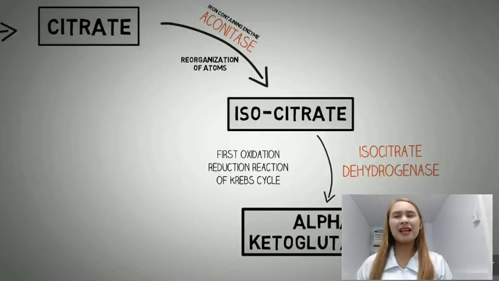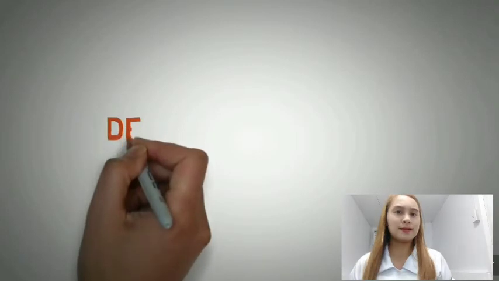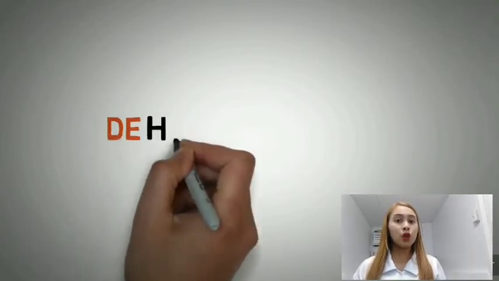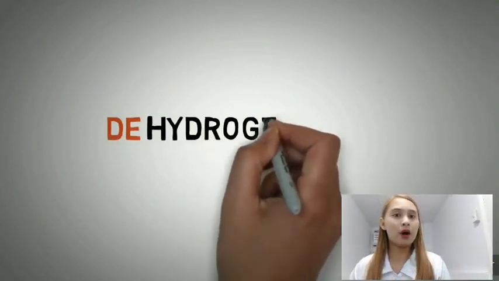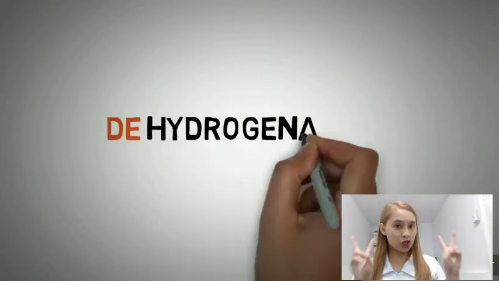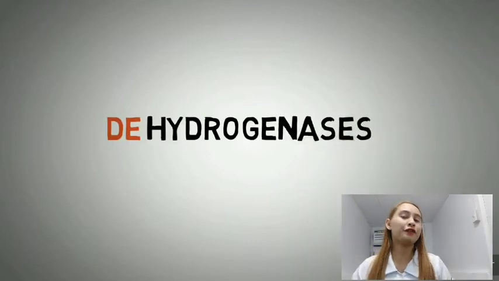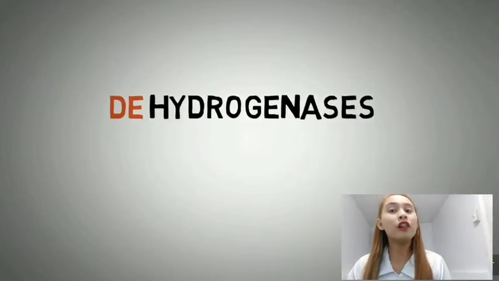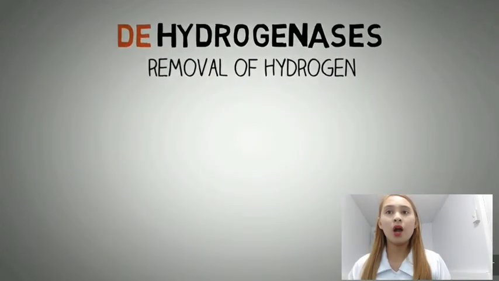But what do these dehydrogenases do? And how do they produce energy? Why can't the aconitase do the job? So let us discuss the job description of the dehydrogenases. From the term itself, there is a removal of hydrogen.